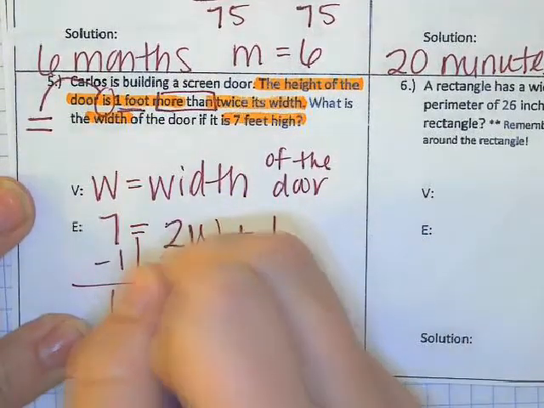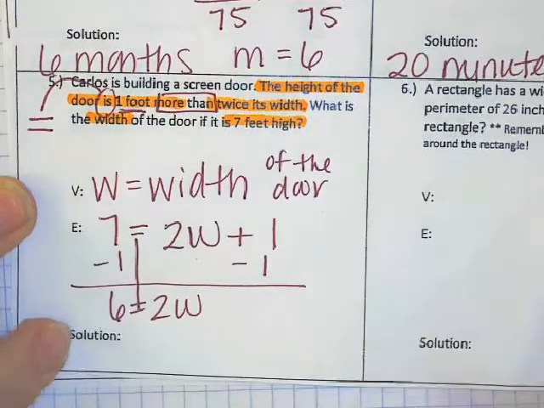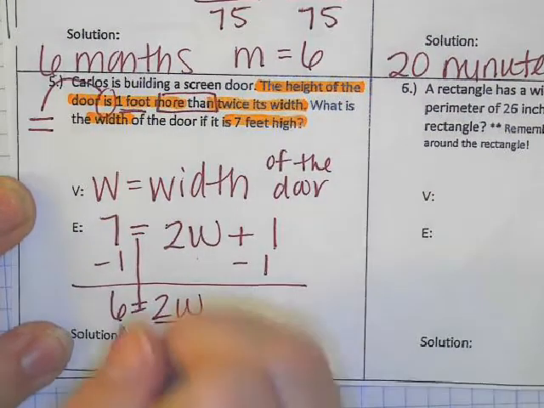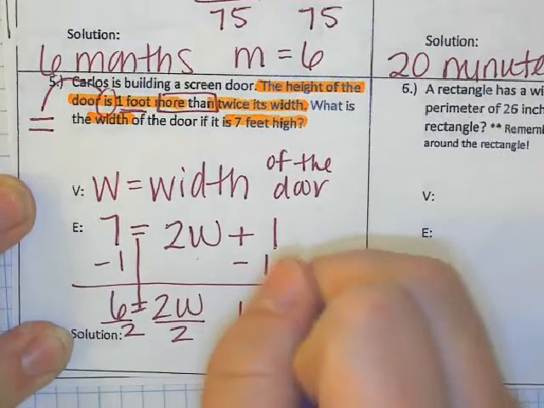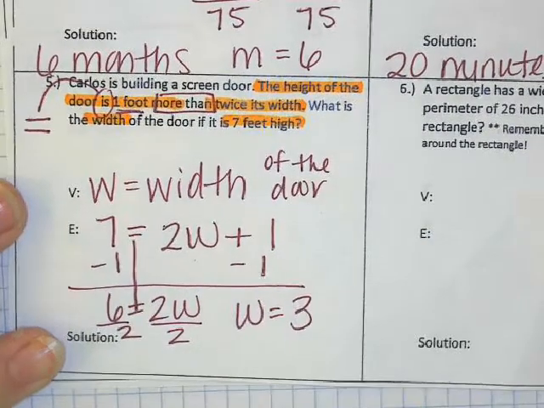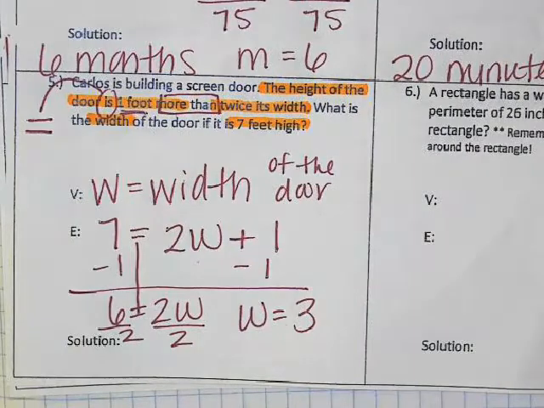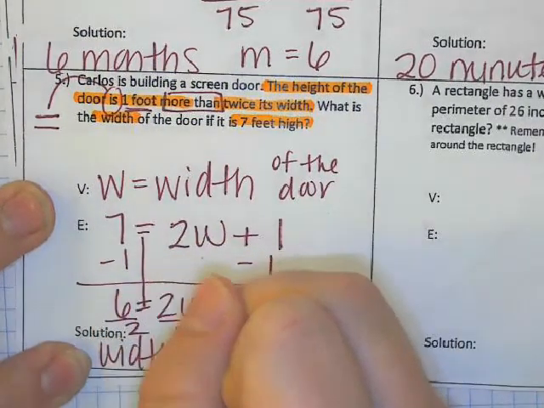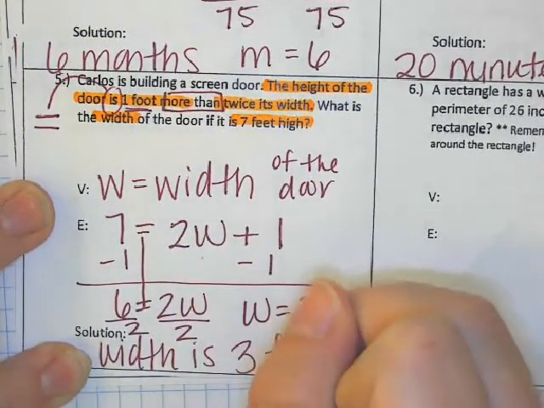I'm left with 6 equals 2W. I'm going to divide each side by 2. And I'm left with W equals 3. Now, W equals 3 does not tell me the answer. I need to know what is the width, and we know that the width is 3 feet.